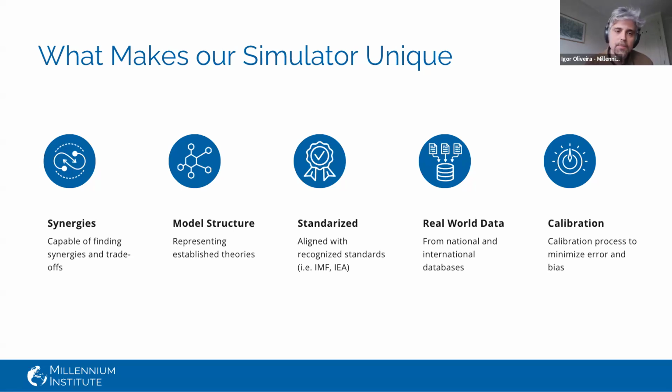It's really transversal in the sense that it connects different domains that usually are analyzed in separation. And to be able to do that, we need to represent established theory in each of these domains and also the linkages between them.